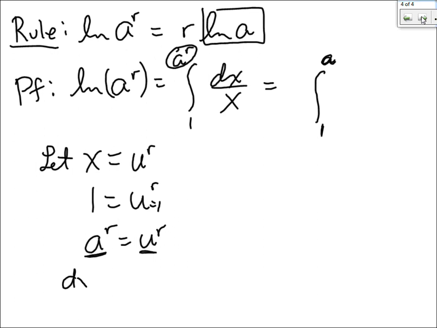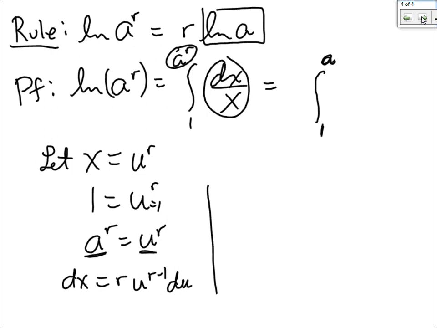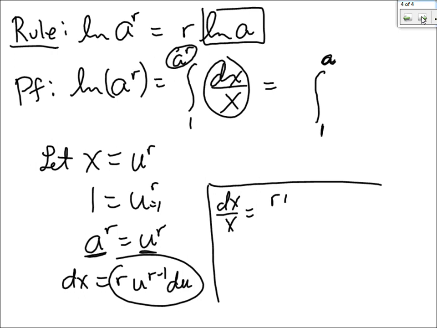So then dx is r u to the r minus 1 du. So the question is, what is dx over x? I'll work that out right here. Dx over x. Well, dx is, in the u world, r u to the r minus 1 du over x, which is u to the r.